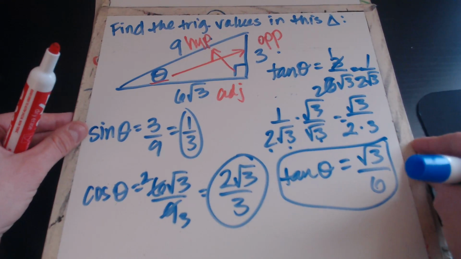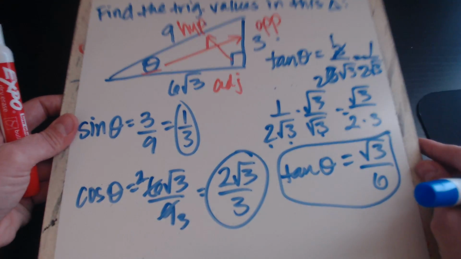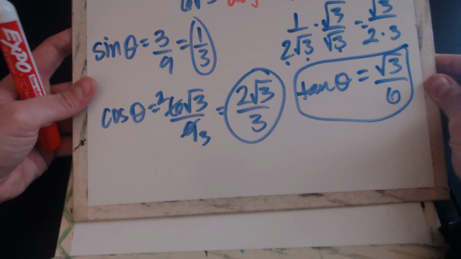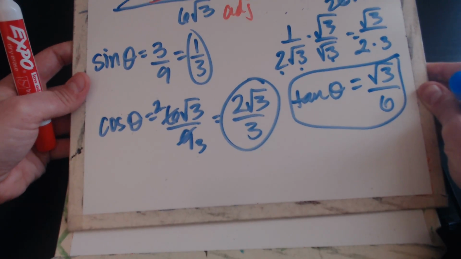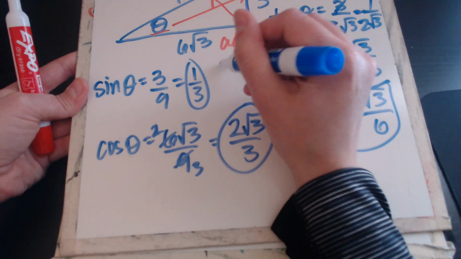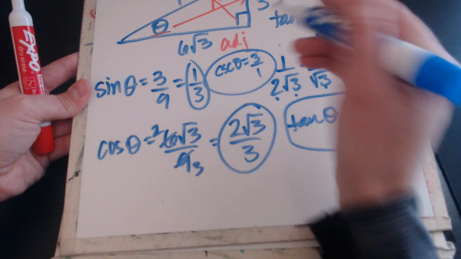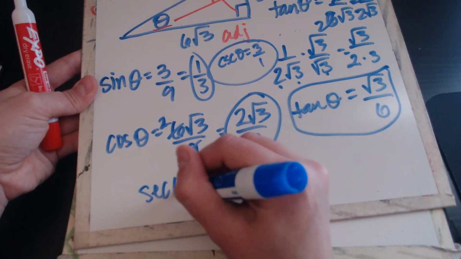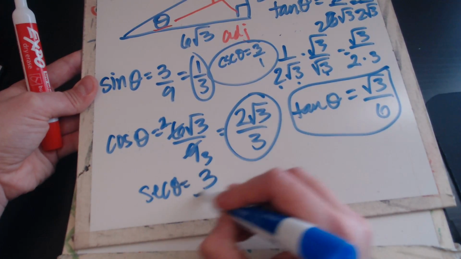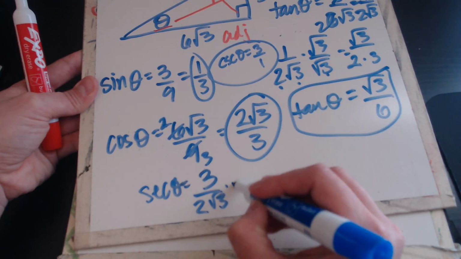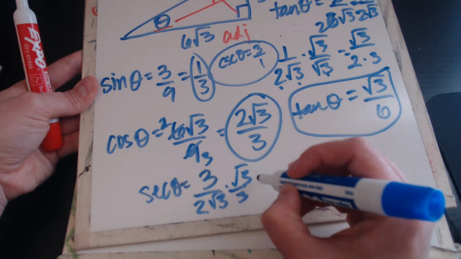But now I want to find the other three trig ratios as well. So that's going to be the reciprocals of all of those. So cosecant of theta is going to equal 3 over 1. Secant of theta is going to be 9 over 6√3, which would need to be rationalized.